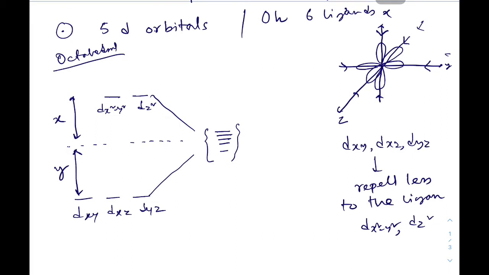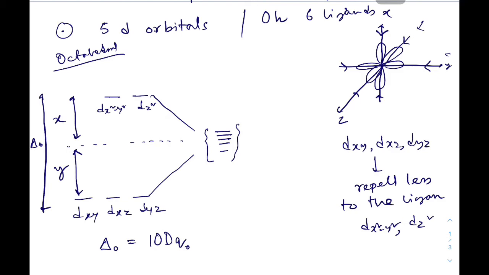So if we consider this as del 0, the octahedral splitting del 0 is equal to 10 Dq.